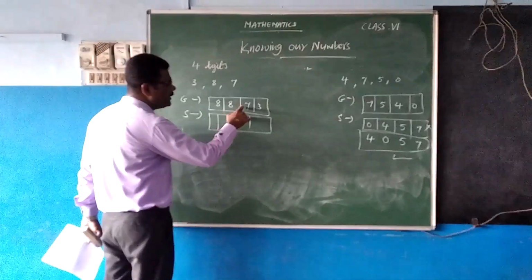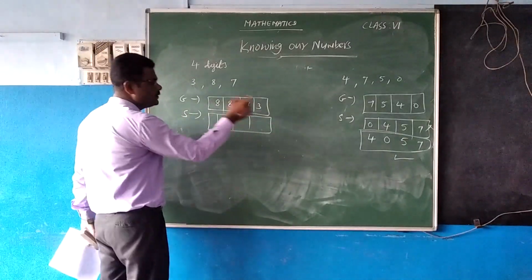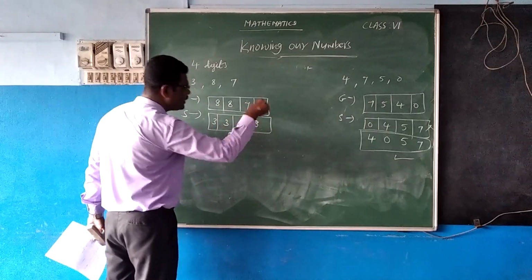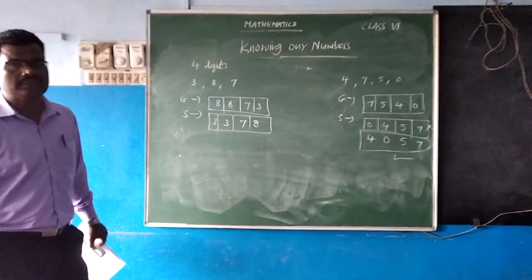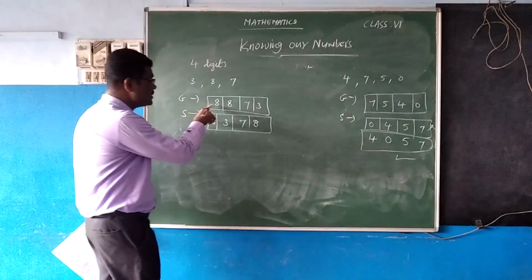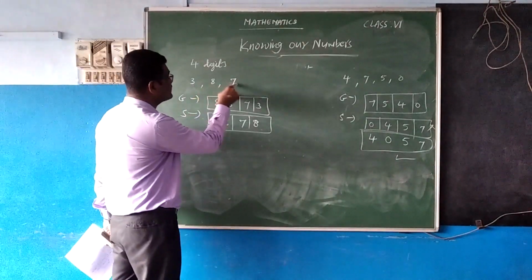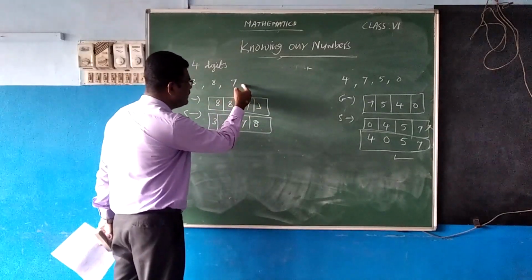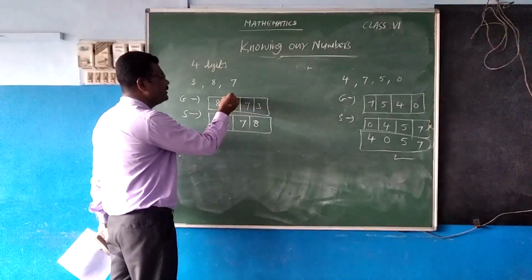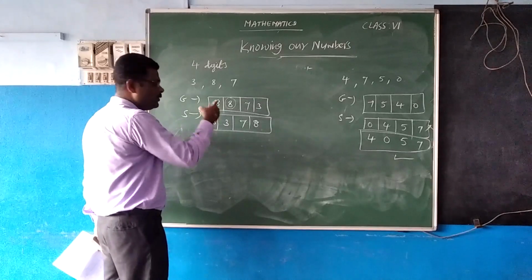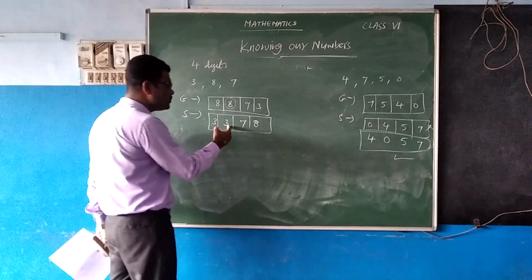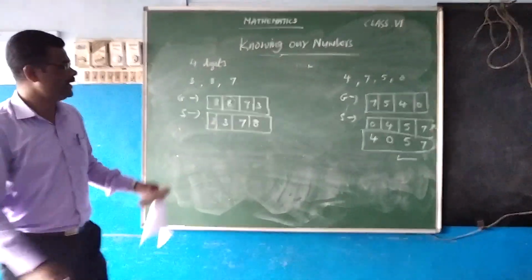When they ask to find the smallest, you repeat the smallest digit twice so that you will get the answer. Here 873 is the given digit. In that, 8 should be repeated. When you write in ascending order 378, in that the smaller digit should be repeated.